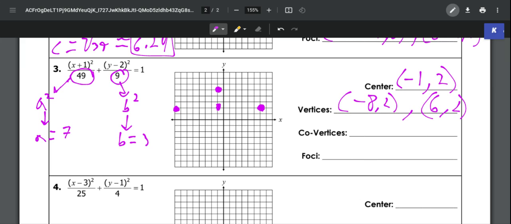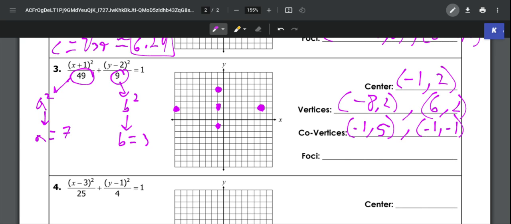And then we're going to go down 3 units, 1, 2, 3 right here. And each of those points will tell us our co-vertices. So our co-vertices will be, let's see, -1, 1, 2, 3, 4, 5. So -1, 5. And -1, -1, I believe. Yep.